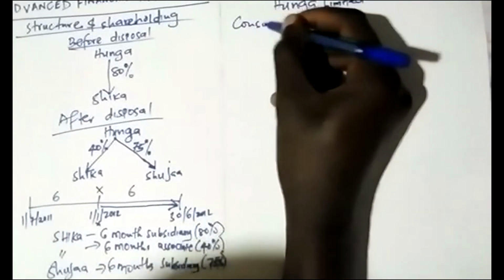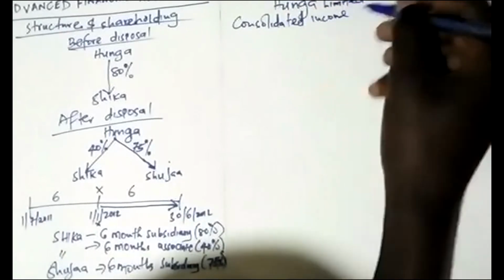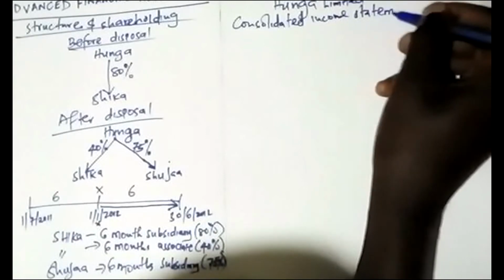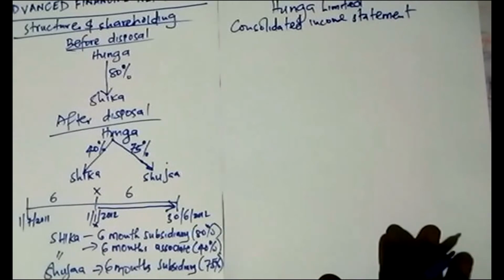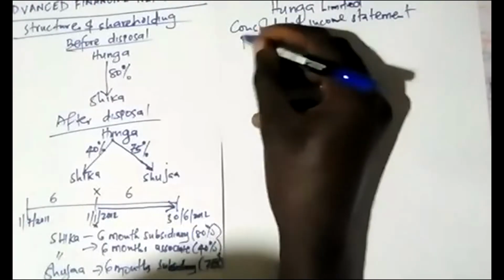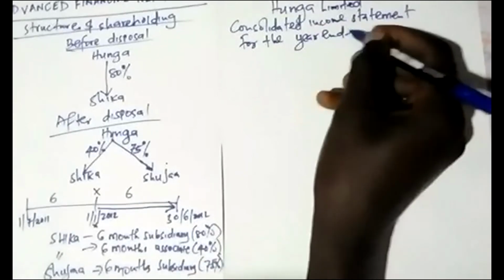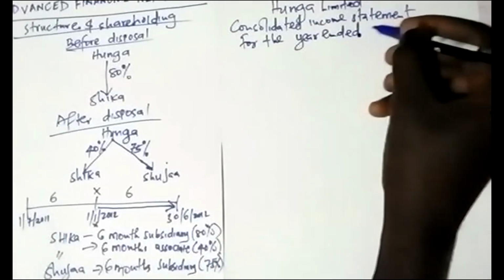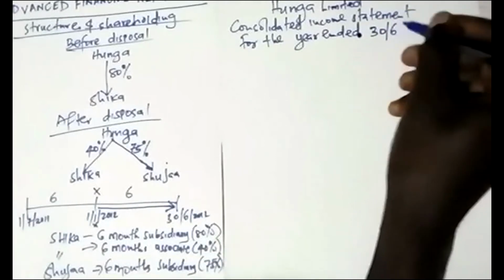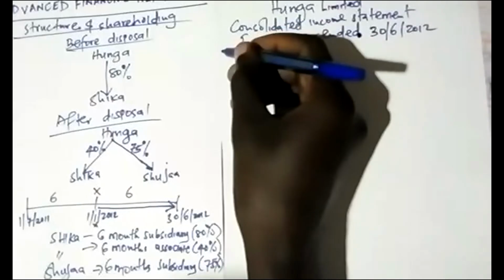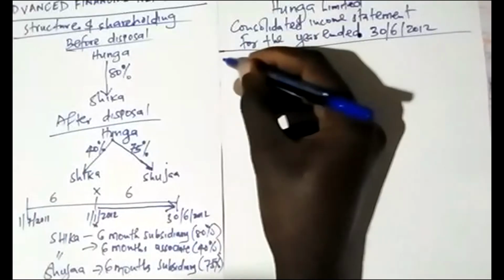We have the consolidated income statement for the year ended 30th June 2012. So we start with revenue.